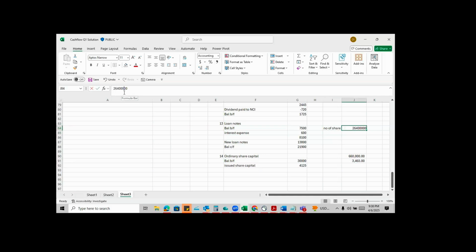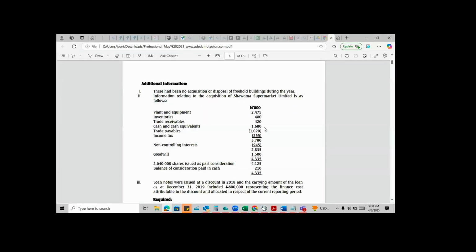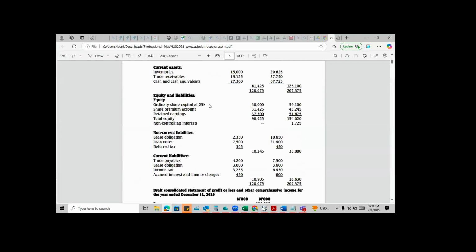The ordinary share capital that was issued would have been this number of shares multiplied by the 25 kobo. In case you are wondering where I saw 25 kobo, you need to look at the ordinary share capital and how they defined it. They told you 25 kobo.